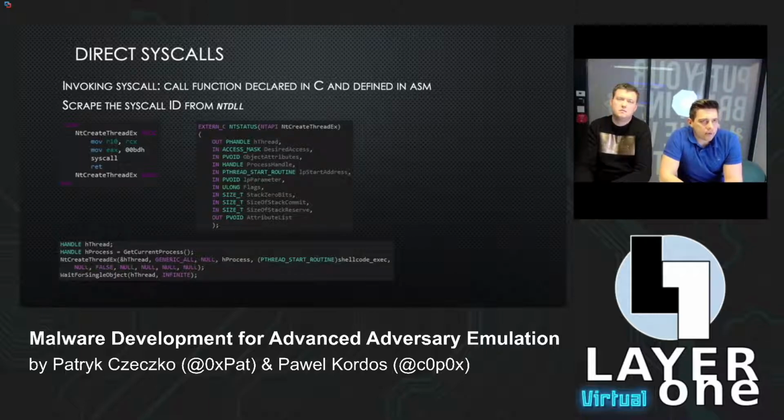So we could also implement those direct syscalls in our code in C. In Visual Studio for 32-bit architecture, we could just put inline assembly in the code, but for 64-bit it's impossible, and we need to create and compile an assembly file, an external file, and then reference this function in our C code.